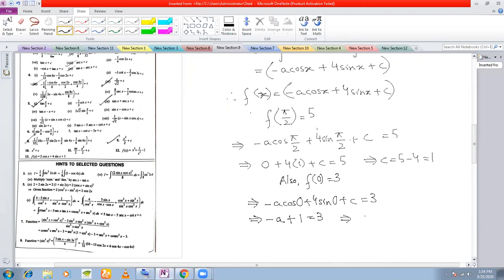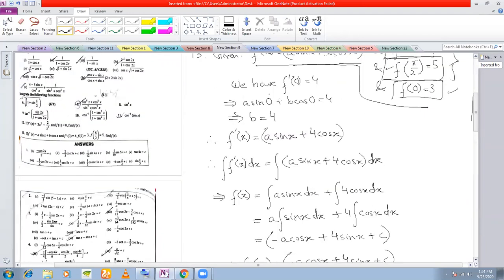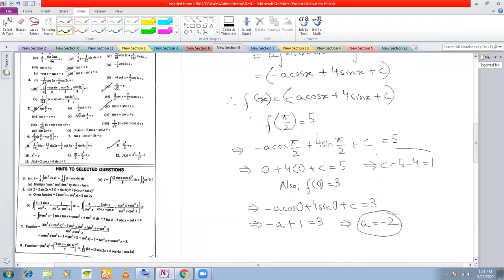That means we get a is equal to minus 2. So therefore we got the value of a, we got the value of b also. Earlier we got the value of b, and we have also got the value of c here.